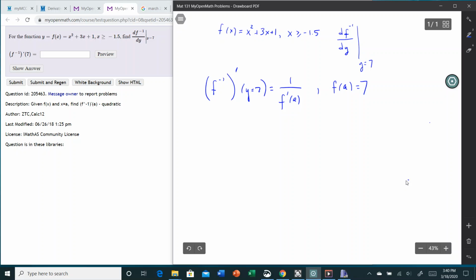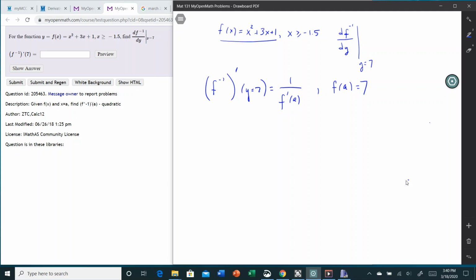So we want to know that value of x, which we're calling a, that maps into 7 under f. And when we find that, then all we need to do is take the derivative of f, 1 over that, and then evaluate it at this particular value a.